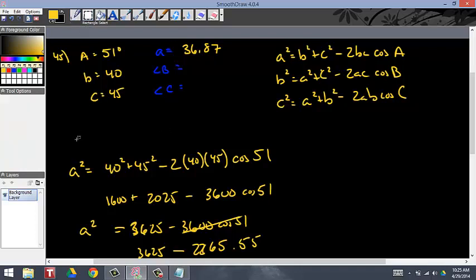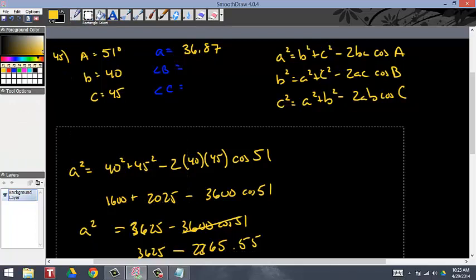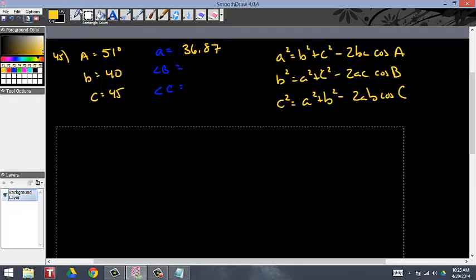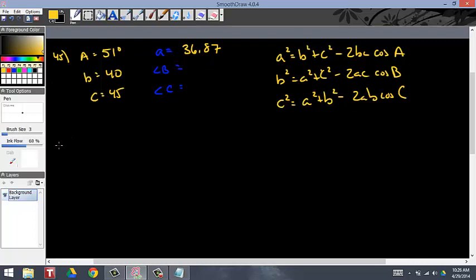Now, you have to find the other pieces also. Let's see what that looks like. If I want to solve for angle B, then it's going to be b squared, so 40 squared is equal to a squared.